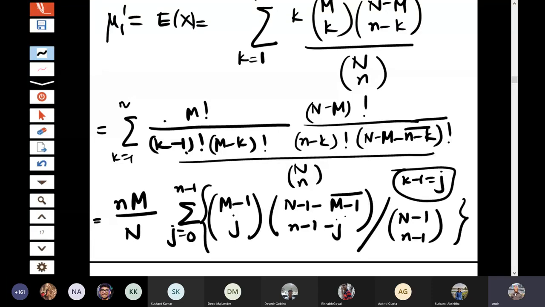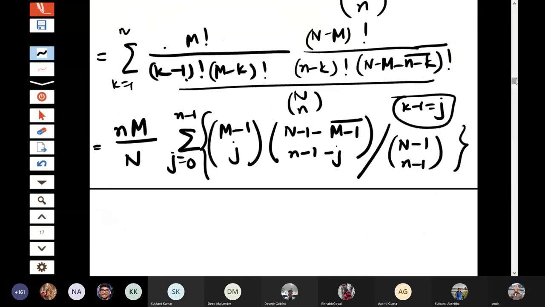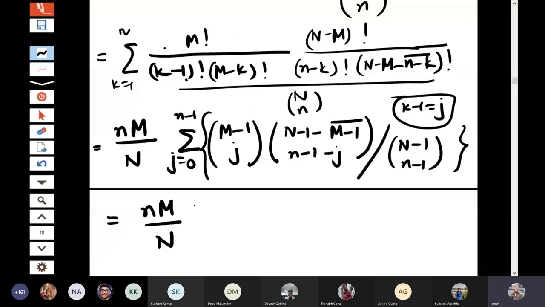So you can see this is again a hypergeometric distribution, everything reduced by 1. That is, the total population size is n minus 1. The number of items of type 1 is m minus 1. The number of items of type 2 will remain n minus m, which of course I have written as n minus 1 minus m minus 1 here. And therefore this sum is going to be 1. So this is nothing but n m by n.